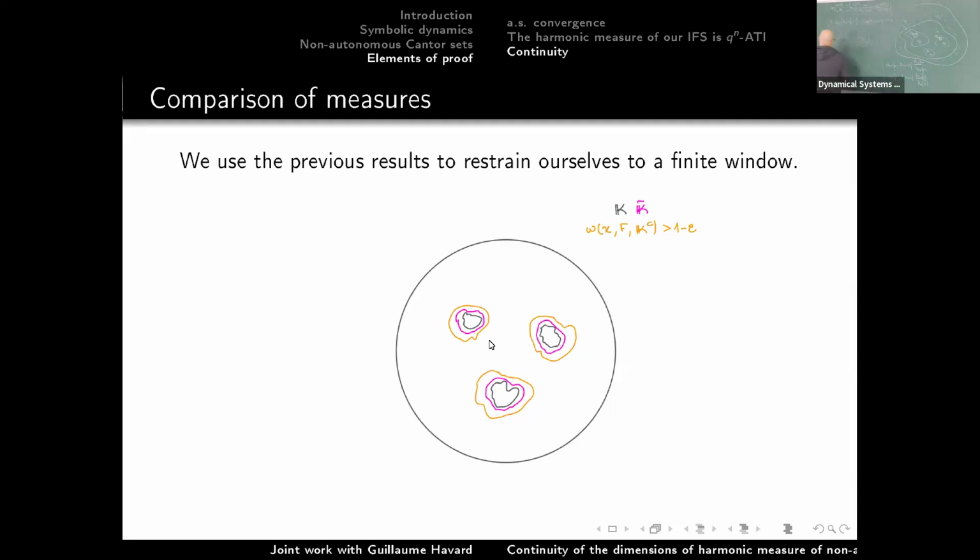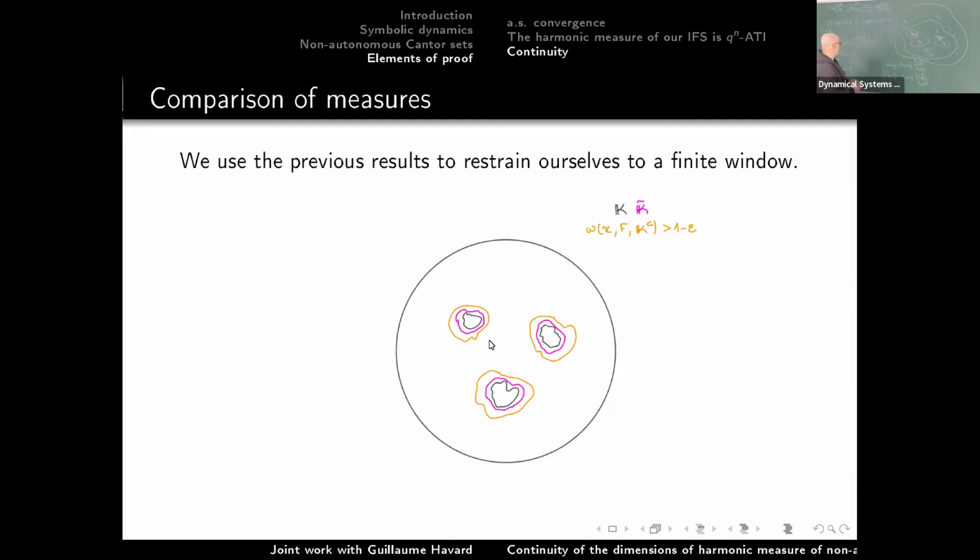If you want harmonic measure of x to some cylinder to be big, you just have to get x close to the cylinder. That's what the high capacity will give you. If you are close enough to the cylinder, then harmonic measure will be big.